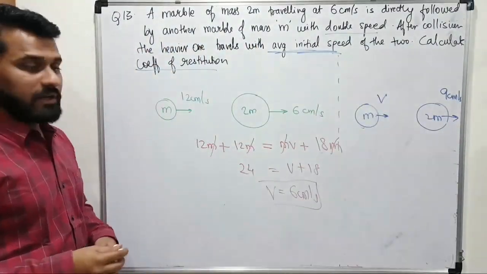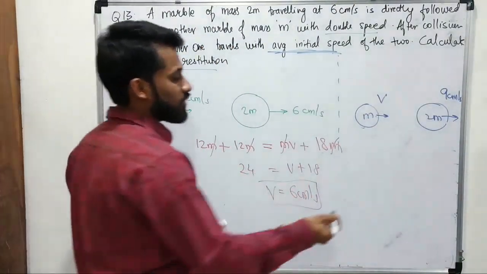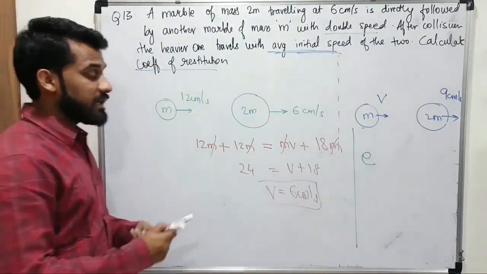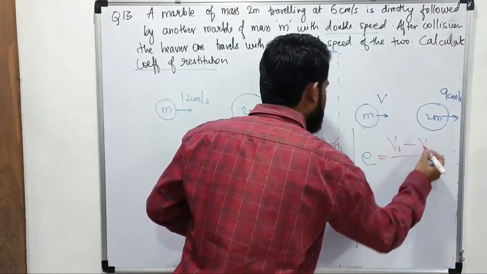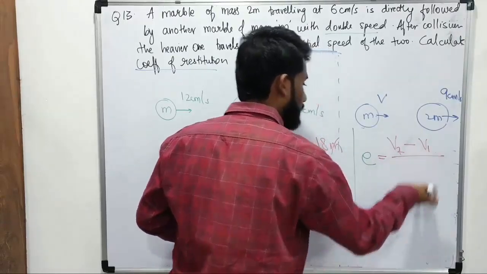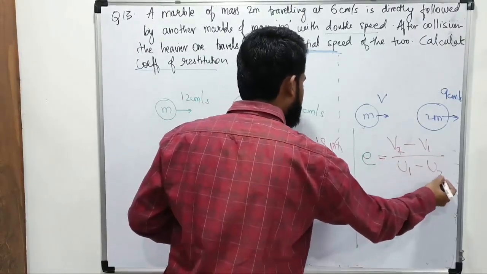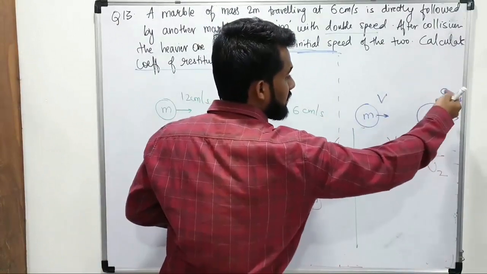Once you get the velocity of the first ball after collision, what is the formula for coefficient of restitution? We have seen, it is the ratio of relative velocity of separation to relative velocity of approach. While separating, what was the relative velocity of separation?